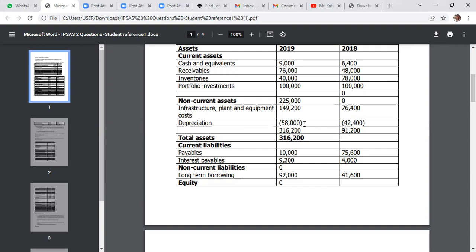It's negative because it's under assets, and assets have a debit balance. Because it has a credit balance, that's why it's shown as negative. So you have 42,458.